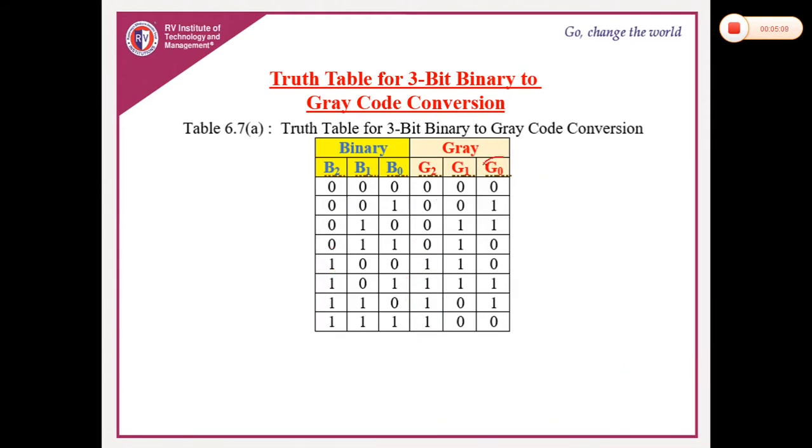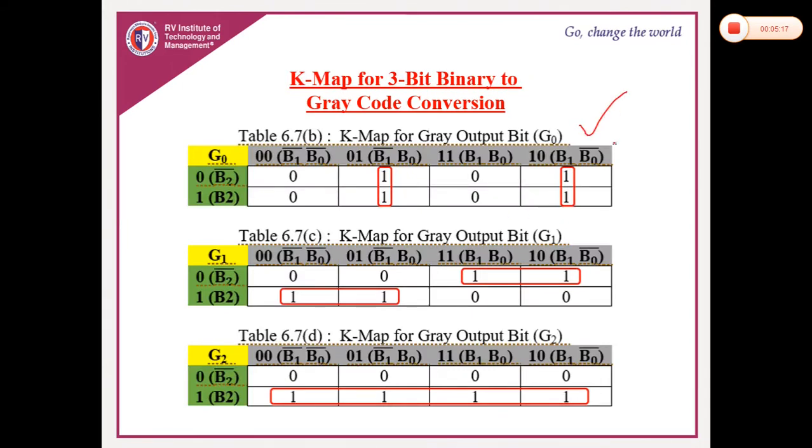Then you can write the expression for G0, G1, G2 with the help of K-map. That also I explained here. In order to get the G0 expression, use this K-map; G1 expression, use this K-map; G2 expression, use this K-map. If you try to find out whether any octet or quad is possible, it is not possible. Only pairs are possible. So pair is possible here and pair is possible.